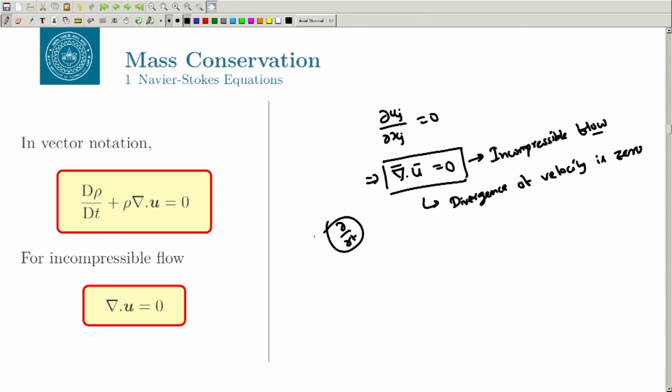So there is no d by dt term present in incompressible flow, and it is not a dynamical equation. It is a condition that has to be fulfilled by the flow. In the case of compressible flow, you have this d by dt term, which gives you the dynamics of the change of the density.